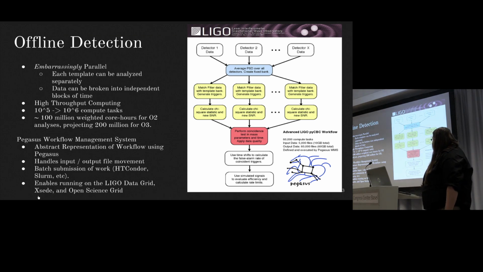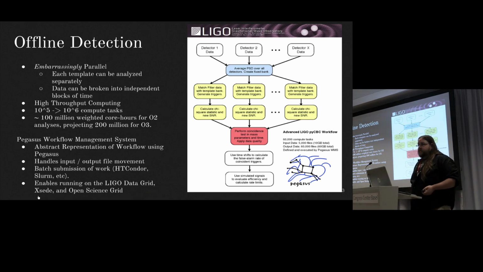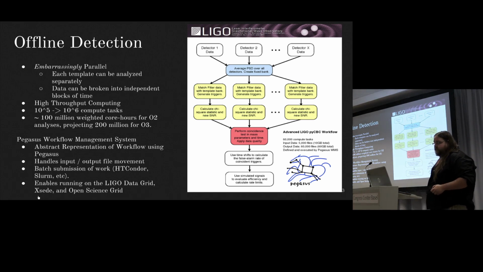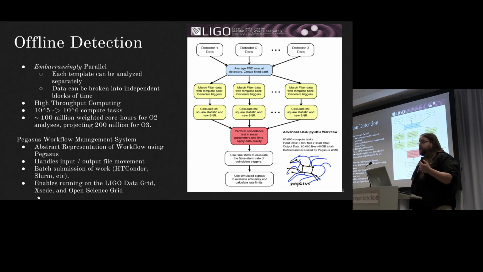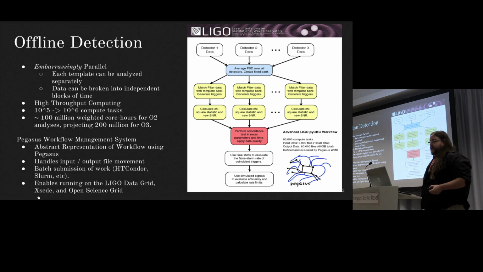The thing that really helps us is what's called a workflow management system. We use one from Pegasus, which allows us to describe the kind of work we need to do in an abstract way, which we can then map to different types of resources. These are things like batch submission systems on clusters that use either HTCondor, Slurm, PBS, or similar kinds of systems. We can have each of those handle a particular task.